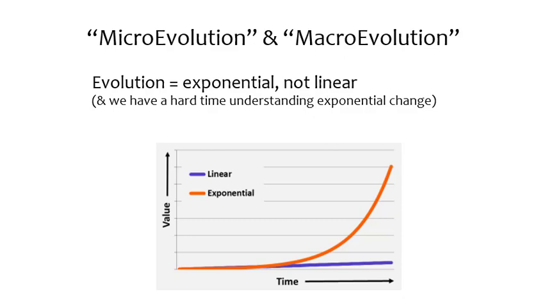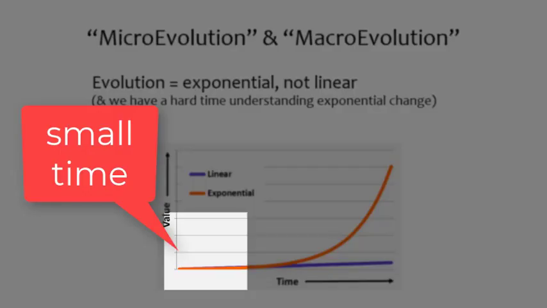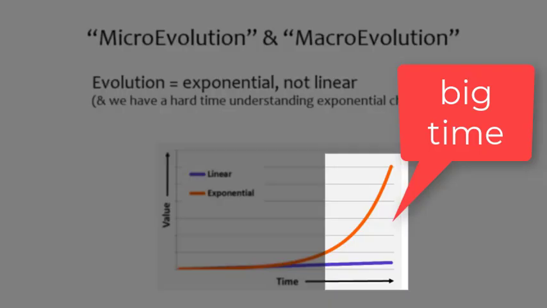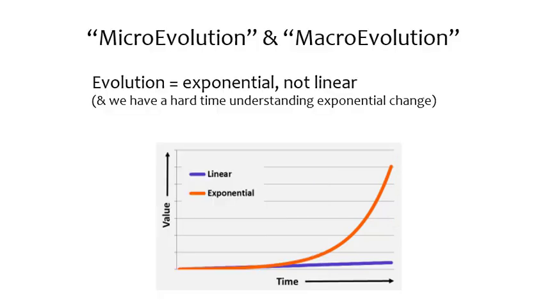This is important in understanding that difference between micro and macro evolution. Microevolutionary changes are similar to the linear rate of change, but macroevolution can change much more than linear changes in the same amount of time. So not only do we struggle with thinking about large amounts of time, we also have difficulty thinking in exponential terms.